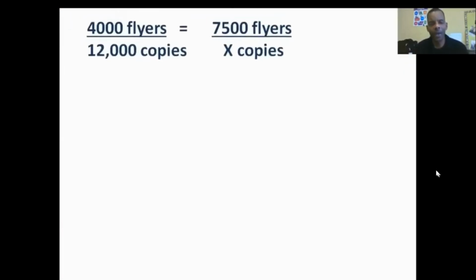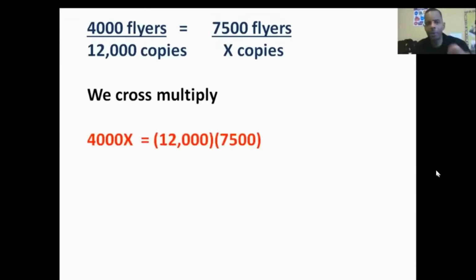If 4,000 flyers produce 12,000 copies, that's our first what? Ratio. That is a ratio. 4,000 produce 12,000 copies. We want to know 7,500 will produce how many copies? So we cross multiply, put up your hands, make an X, all right?